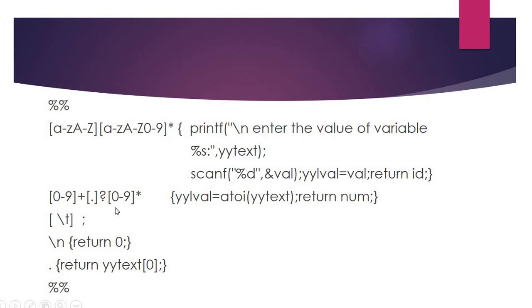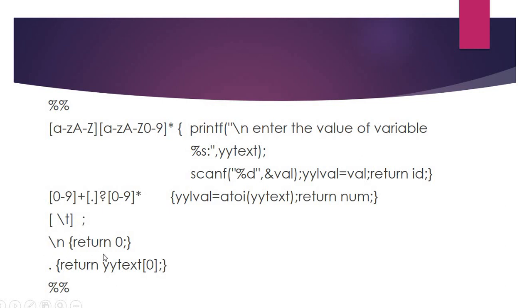If the number matches this regular expression, then it will be there in yytext, so we need to convert it to an integer and store it in yylval, so it can be used in the Yacc program. And here we need to return the number token. If there is any space or tab, we don't want Lex to do anything, so a semicolon is here.